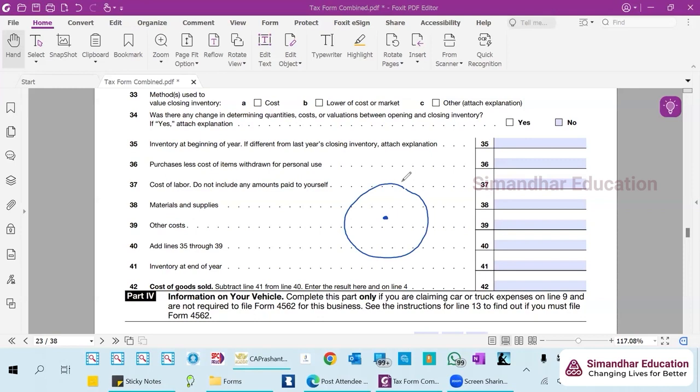So what I would do, you see, now I spoke about depreciation. I'll complete depreciation. There is something called IRA. I'll complete IRA. There will be some other deductions. I'll complete those, whatever they are. Then I'll come to adjustments to income. So I'll take the bigger pieces which are part of adjustments to income.